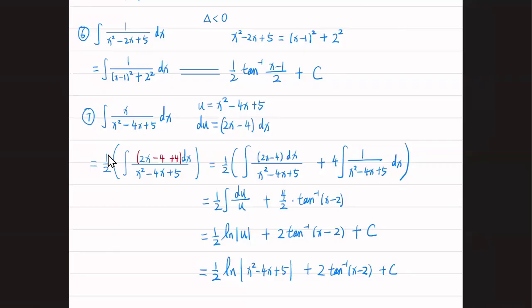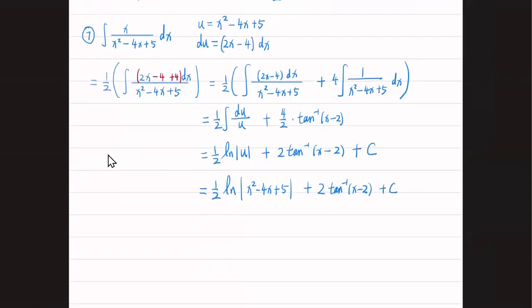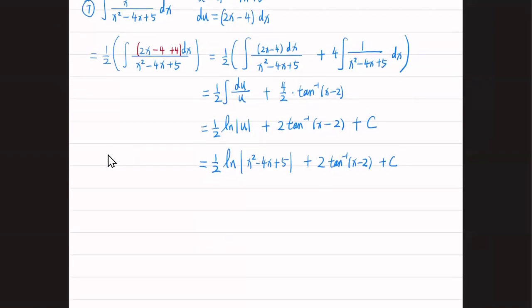Okay, so this is about the quadratic factors. Next, let's do a partial fraction decomposition with irreducible quadratic factors. The following 5 over, partial fraction decomposition, and we have the obvious factorization.